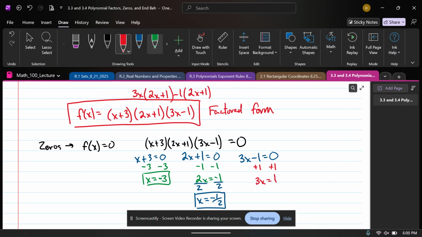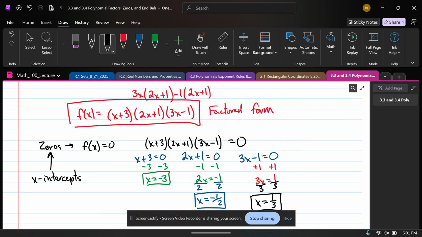And then divide by 3. I got positive 1/3. Those are the zeros of my polynomial. The zeros of the polynomial, another name for those are x-intercepts.